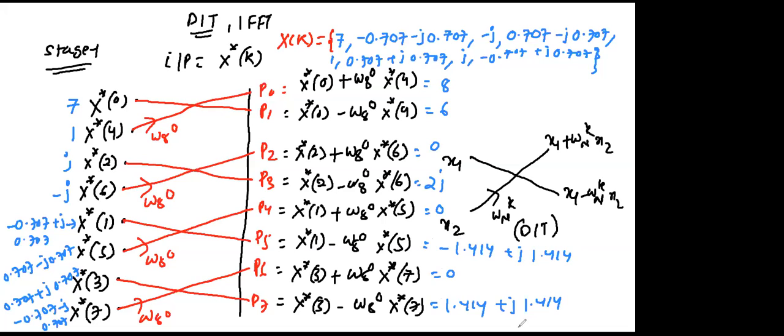I am giving you 30 seconds. First you note down, and then I will give the stage 2 and stage 3 values also, so people will verify. Again: 8, 6, 0, 2j, 0, minus 1.414 plus j 1.414, 0, 1.414 plus j 1.414.